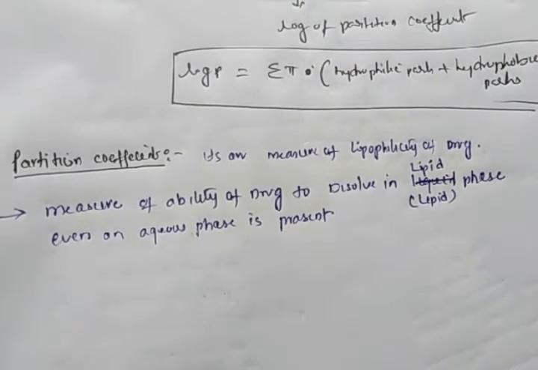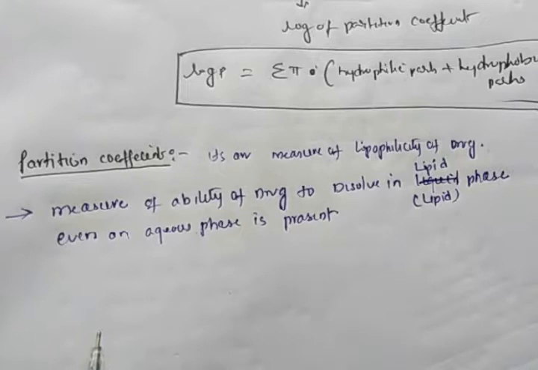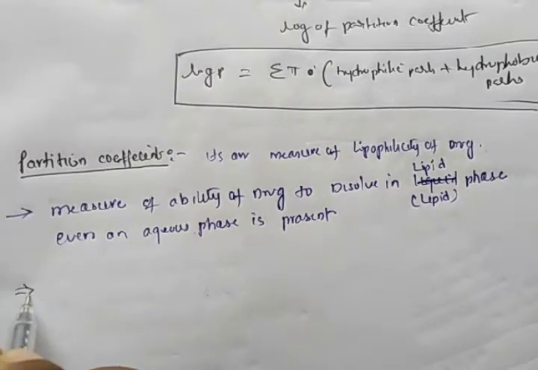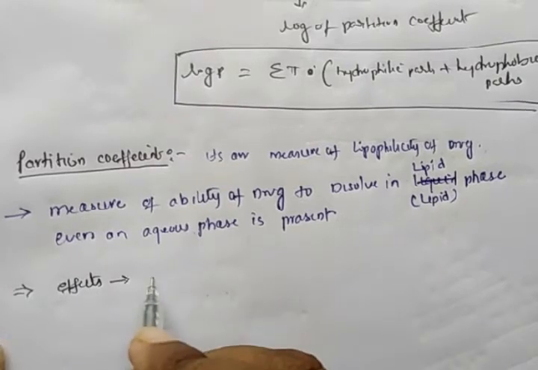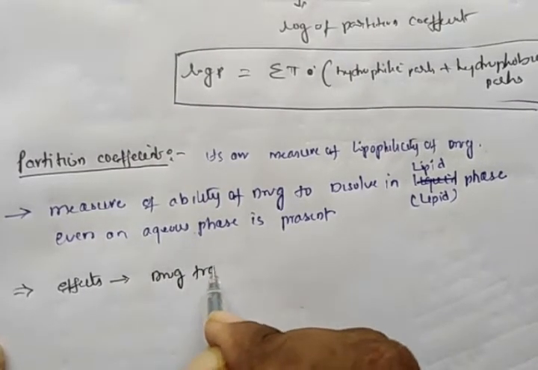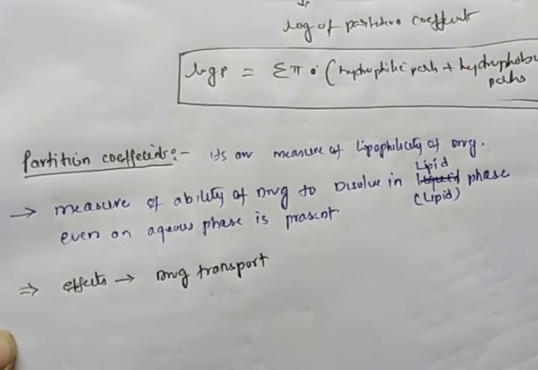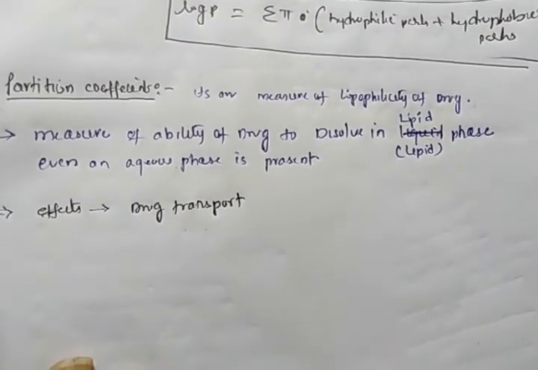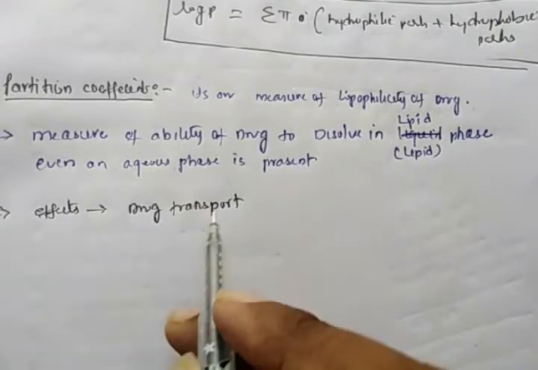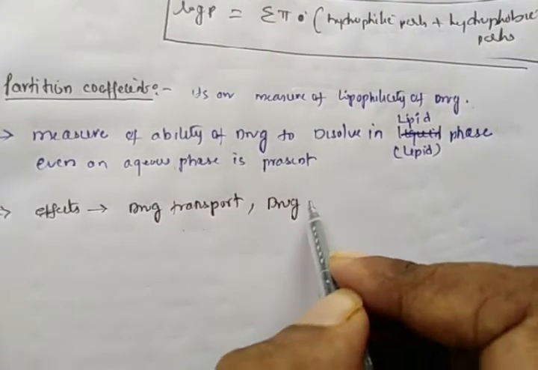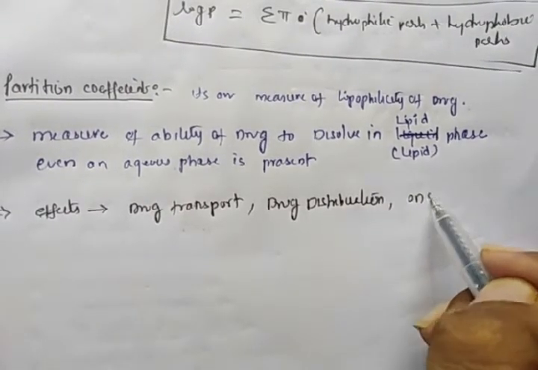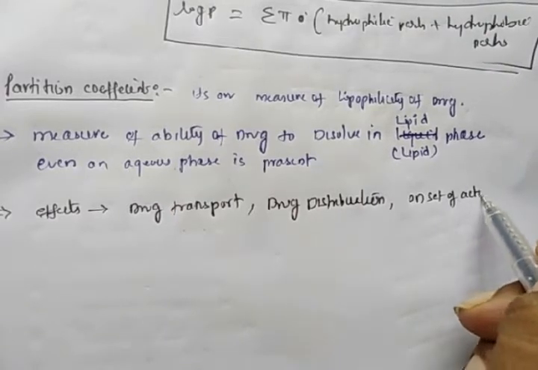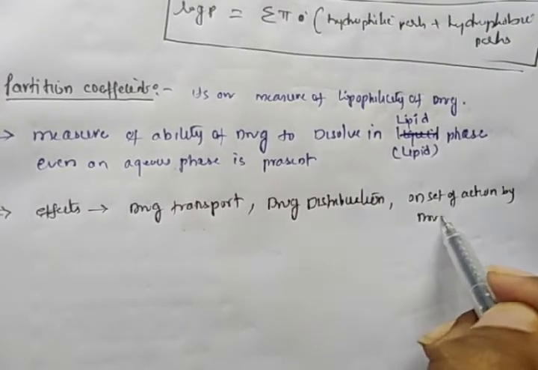So the partition coefficient is a very important parameter. It affects drug transport, as well as drug distribution, as well as onset of action by the drug molecule.